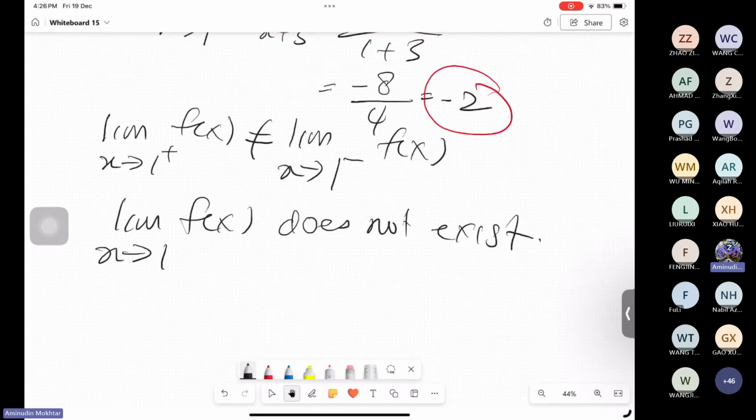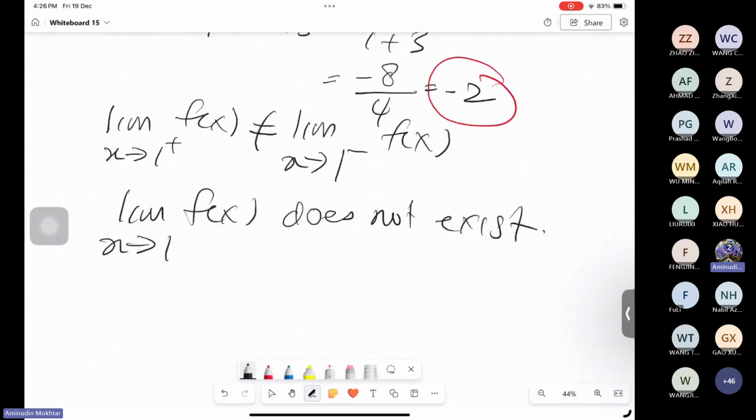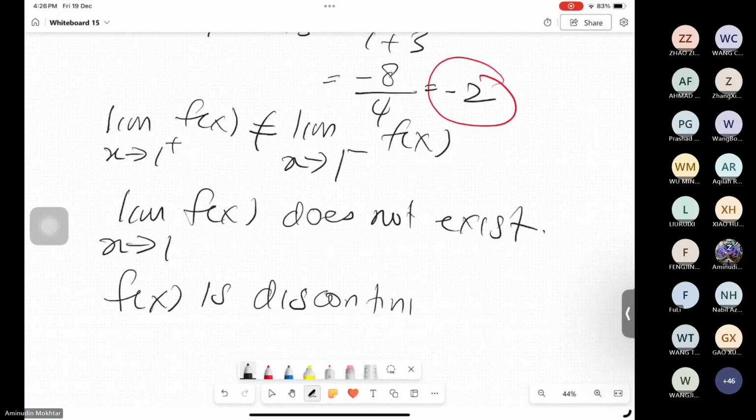So since the limit does not exist, f(x) is discontinuous at point x equal 1. There is a break in the graph. The graph jumps when x equal 1, at its turning point.